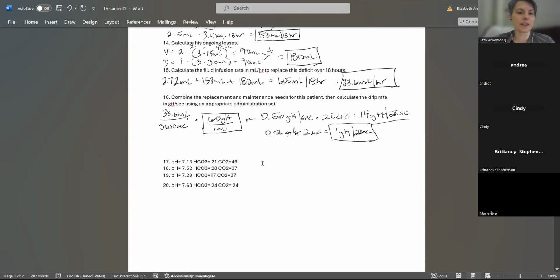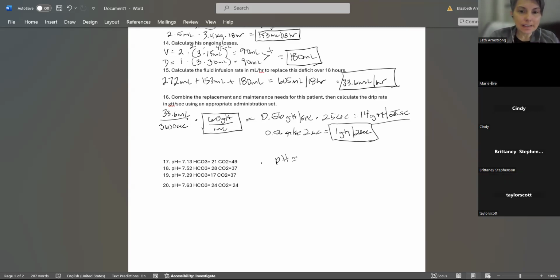What's the normal range of pH for blood? 7.35 to 7.45. Very good. Anything less than 7.35 means our patient is acidotic. Anything greater than 7.45 means our patient is alkalotic.